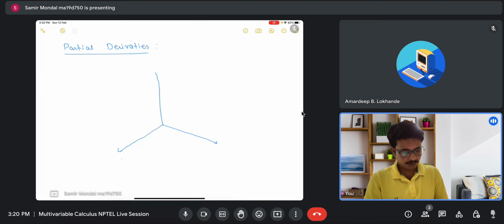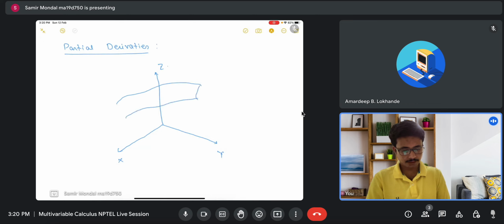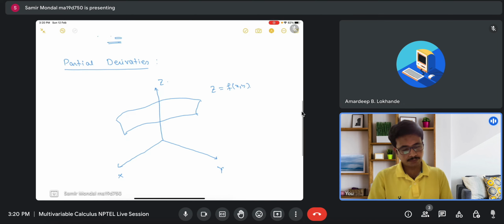This is your x, this is your y coordinate, this is your z axis. Take this surface, z equal to f of x y, your given function.